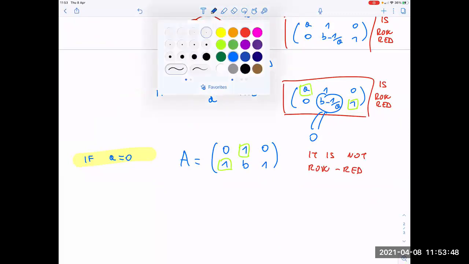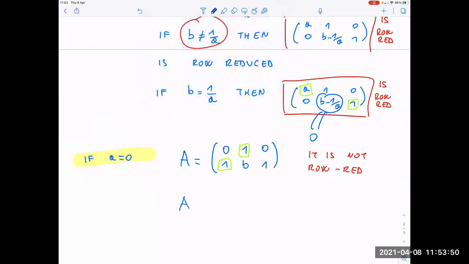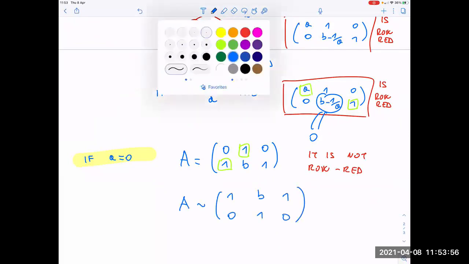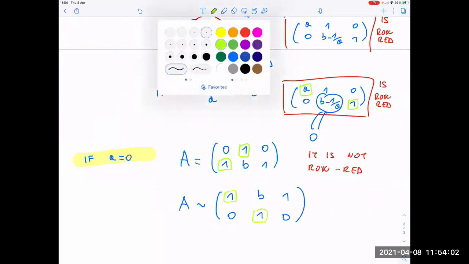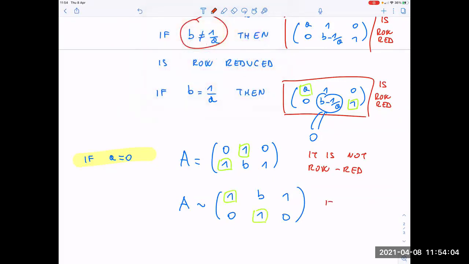And if I want to row reduce it, I have to simply make a row swap. Now it is row reduced. So it was easier now, and there is no condition on B when A is 0. So it is row reduced.